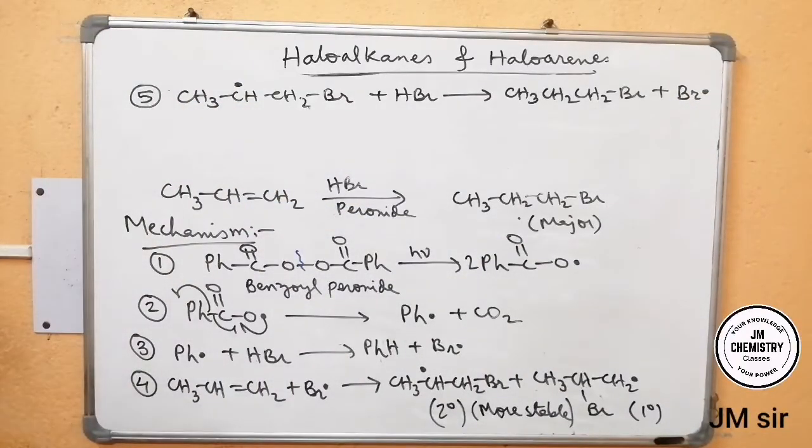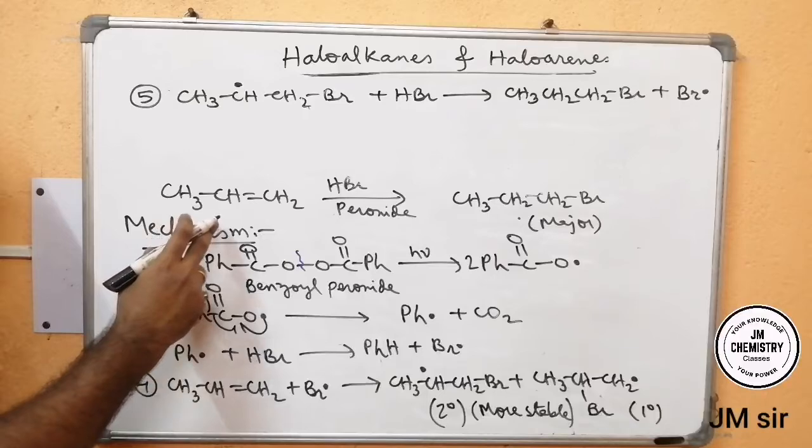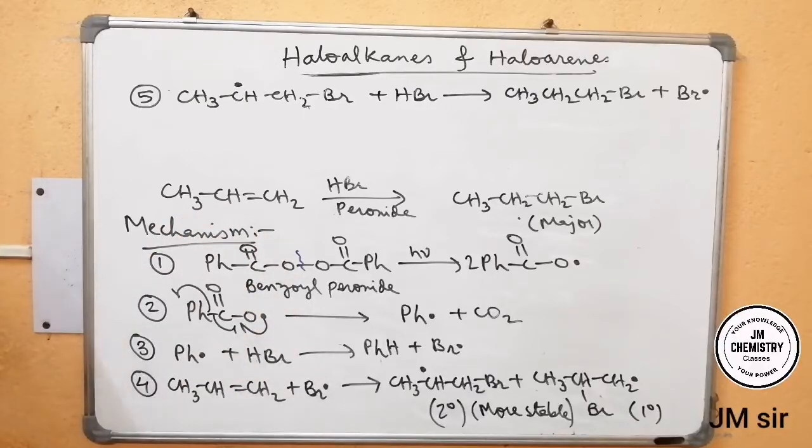In all free radical reactions, it goes on and on as long as the free radical is formed during the reaction. So this is the mechanism for free radical addition of HBr. Now this peroxide effect is observed only for HBr and not for HCl or HI. So you should write a note here.